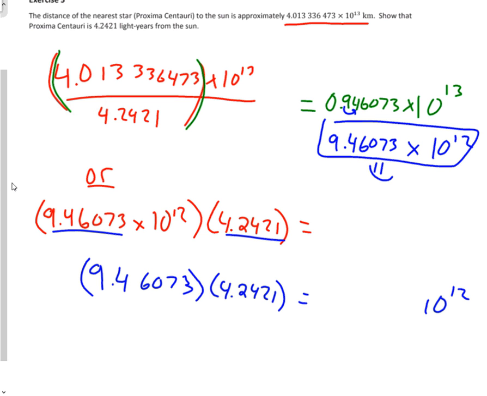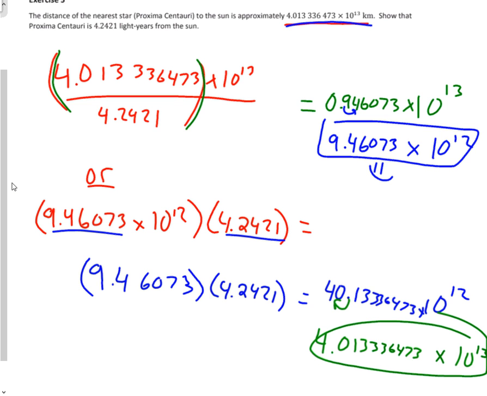When I multiply those together, I get approximately 40.13336473 times 10 to the 12th power. Now that's not the same as what we got up here. It's just off by one decimal, so we have to move it back so it becomes a number between 1 and 10: 4.013336473, and then you add 1 to our exponent.